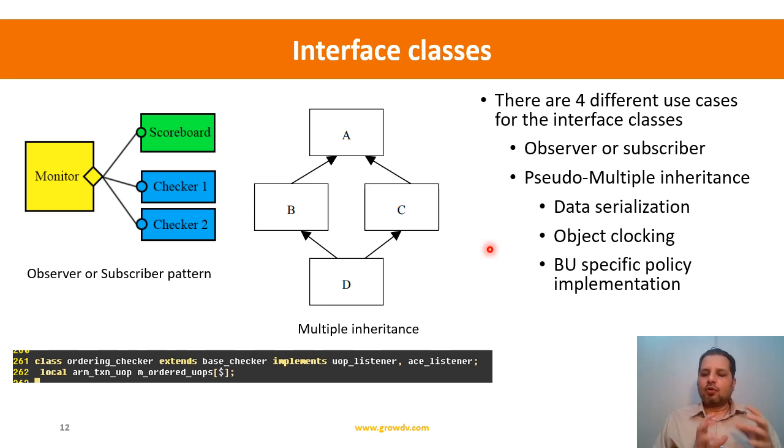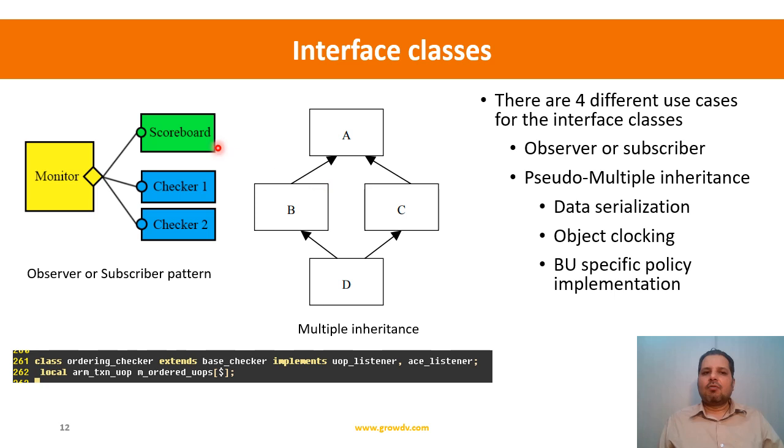Or if I am doing some sort of performance monitor, then this particular logging has to be followed in a certain format. So I have certain policies that I want the teams to implement, and those things can be done through the interface classes. That is the BU specific policy implementation. So these are some of the applications for the interface classes.